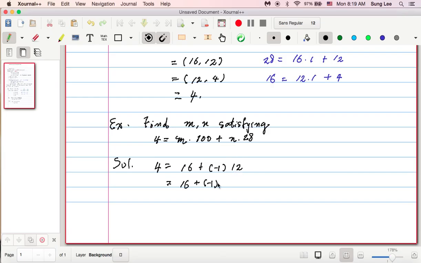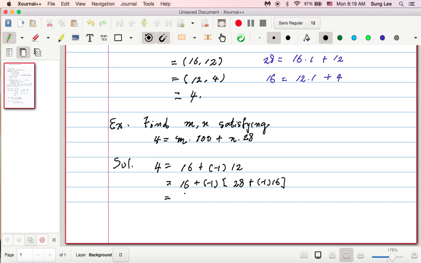So replace 12 by that: 12 can be written as 28 plus negative 1 times 16.